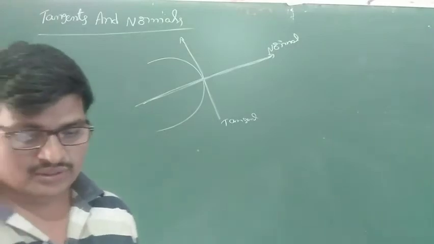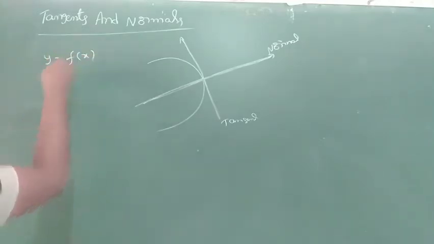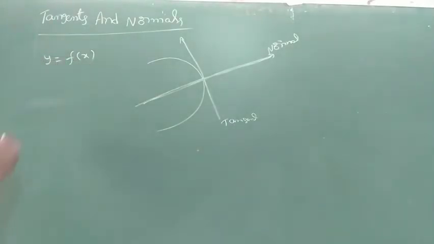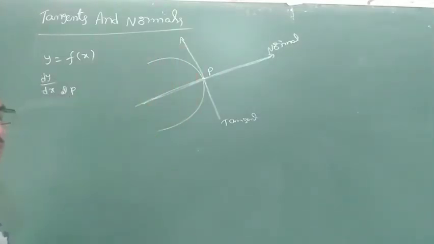This is the definition. So, y is equal to f of x, any curve. Take dy by dx, the derivative with respect to x, at any point, the point is called P. Dy by dx at P is called the tangent slope.